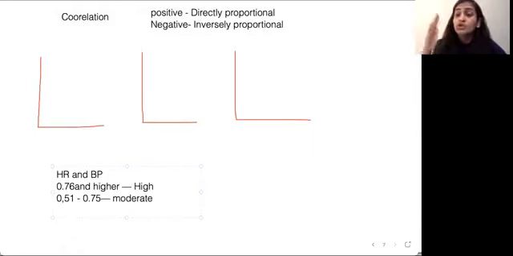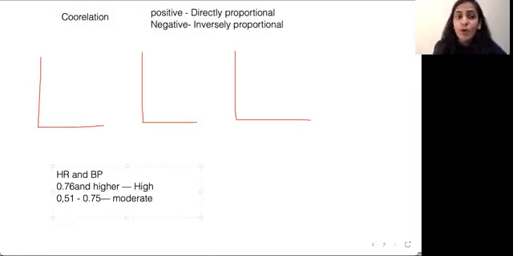The closer to 1 is considered high, no matter whether it is positive or negative. 0.76 and above is considered high. 0.51 to 0.75 is considered moderate correlation. Anything below that is considered low. Is that clear in correlation?